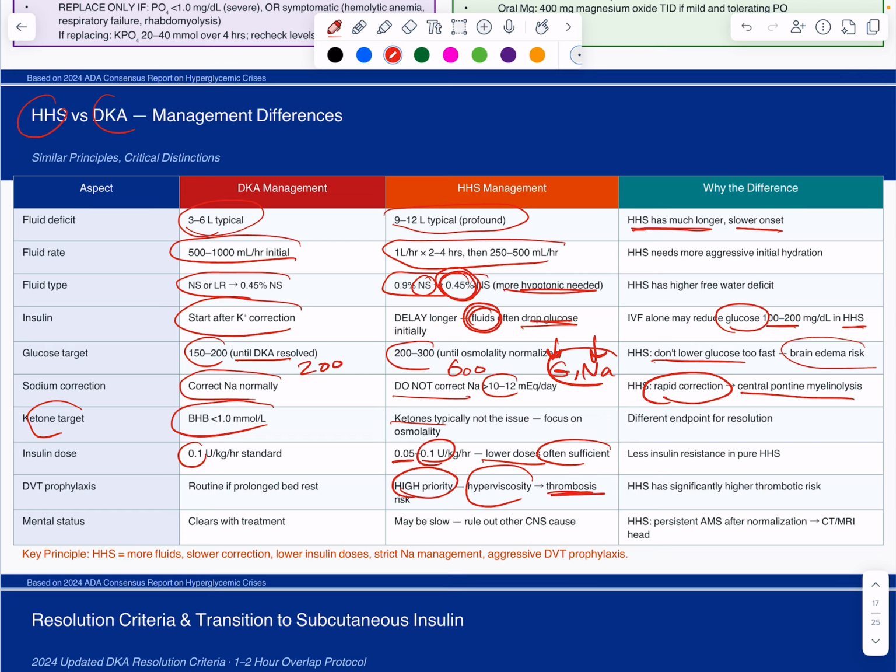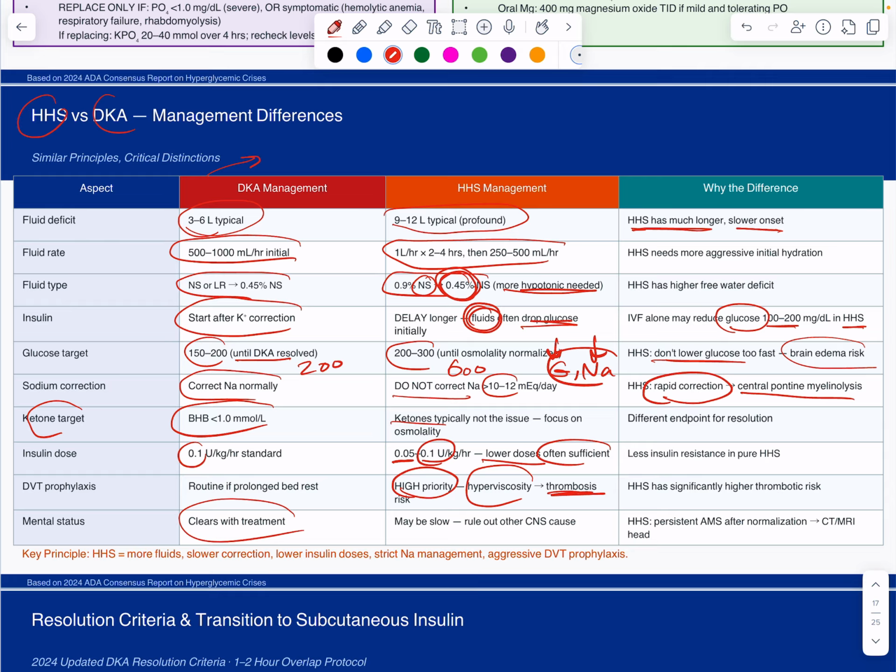Usually, mental status in DKA clears with treatment, but in HHS, just because of the process, it's a slow process, and usually the CNS recovery will be slow. DKA can be triggered fast, can start very fast, but also gets treated fast, and the symptoms go away faster.